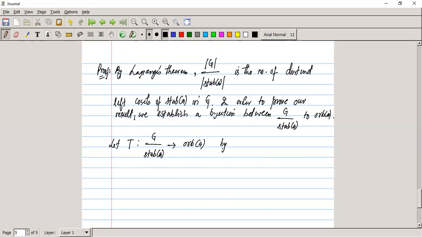Suppose T of G stab of A, since every left coset of G upon stabilizer of A will be of this form, shall be defined as G of A. Now we prove that this mapping is well-defined and also 1-1 and onto.